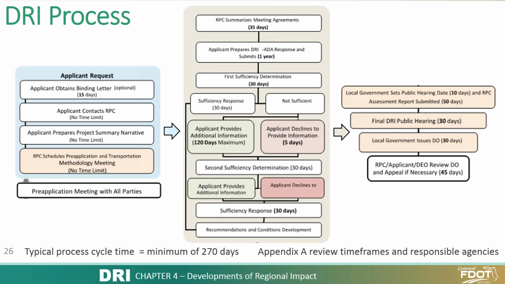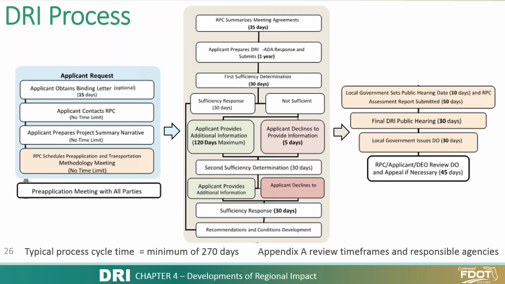The applicant would contact the applicable Regional Planning Council, or RPC, to schedule the pre-application meeting, which would coincide with the transportation methodology meeting. That meeting will help talk about the methodology and all the assumptions that will be used to prepare what is known as the application for development approval.